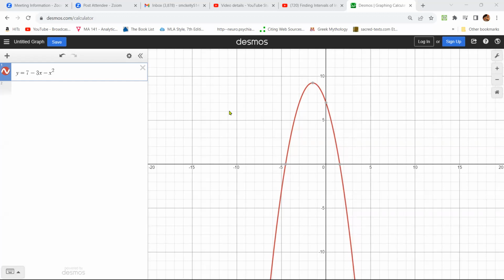Now it's asking me, in number 2, to find the equation of the tangent line at x equals 1. So what it's asking me to do is take my results.